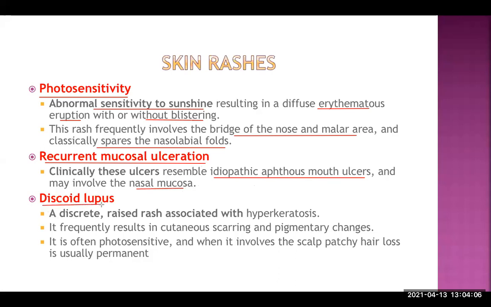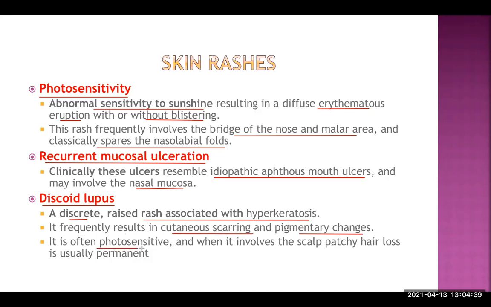Another type of skin rash is called discoid lupus rash. This is a discrete, means easily identifiable, and raised rash associated with hyperkeratosis. There's excessive keratin deposition there. It looks like a fleck from the surface. It frequently results in cutaneous scarring and pigmentary change because active type of inflammation is going on there, which results in scar formation.